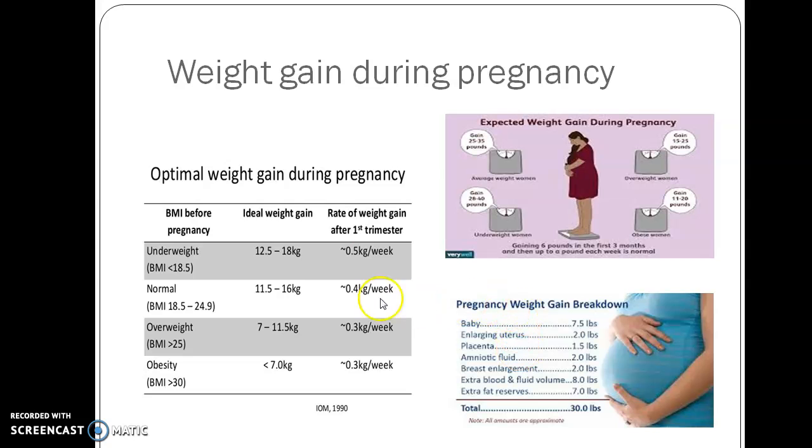So when we look at where the weight gain during pregnancy is distributed, the baby is about 7.5, while the rest of the weight gain is due to the enlarged uterus, the placenta, the amniotic fluid, the breast enlargement, extra blood and fluid volume, then extra fat reserves. All these contribute to the weight gain in a pregnant woman.